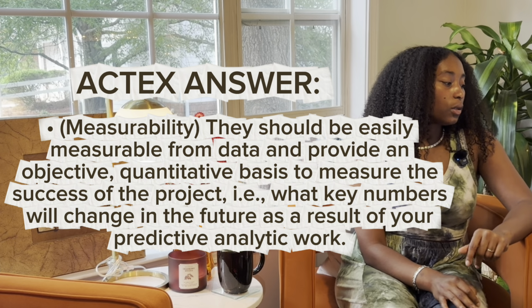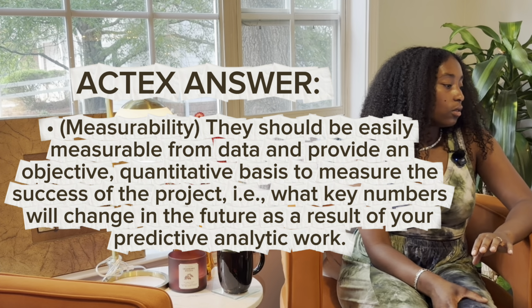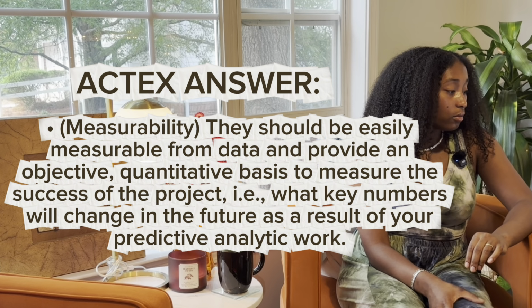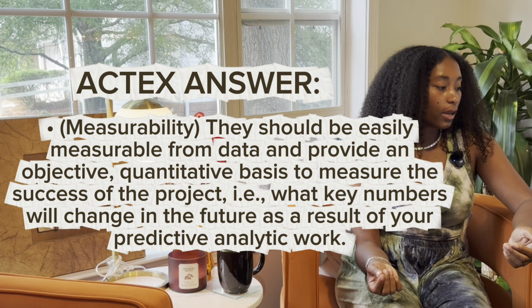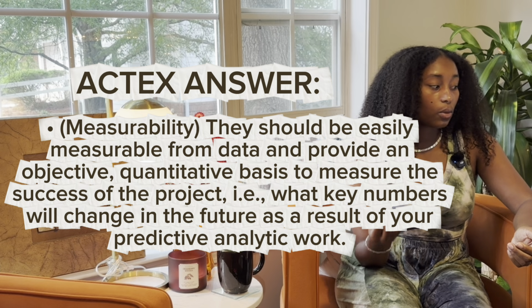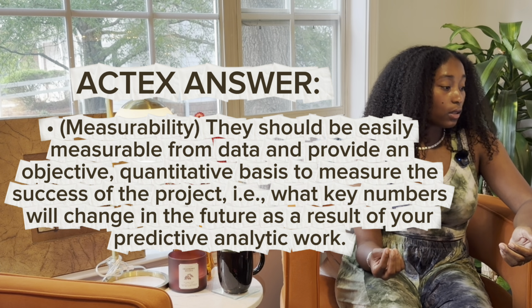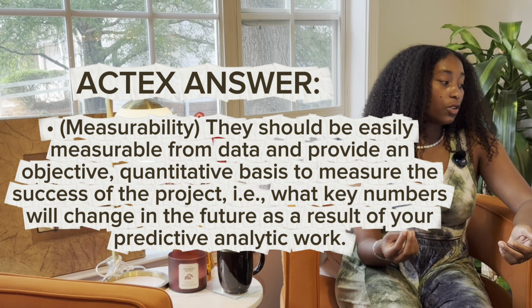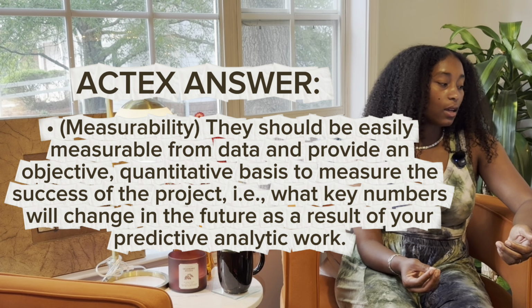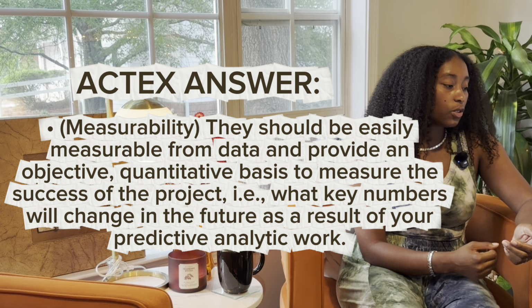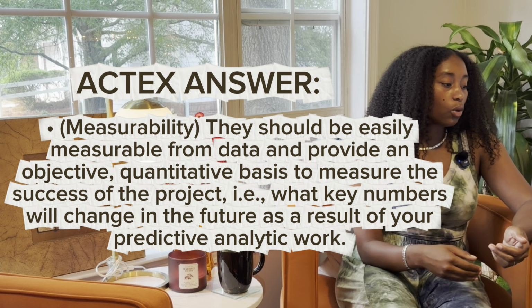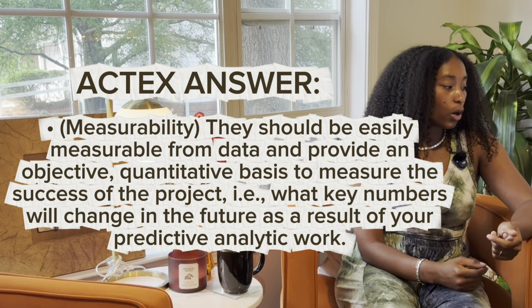Measurability, they should be easily measurable from data and provide an objective, no bias, quantitative basis to measure the success of the project, i.e., what key numbers will change in the future as a result of your predictive analytic work.